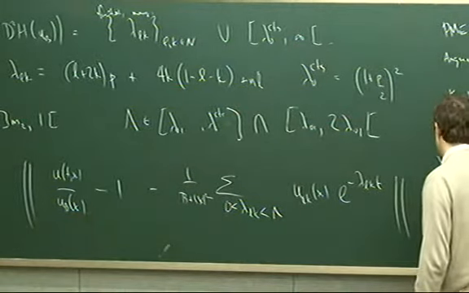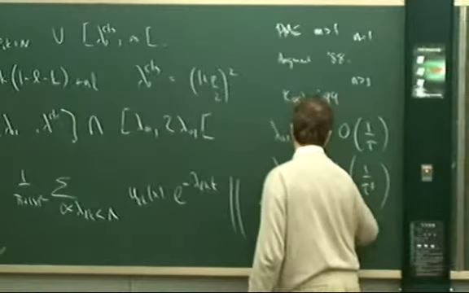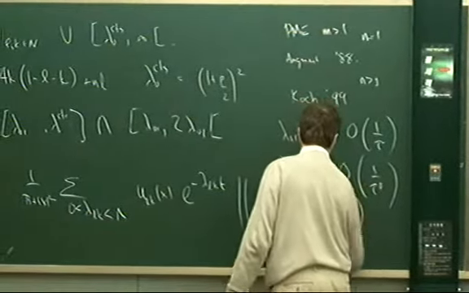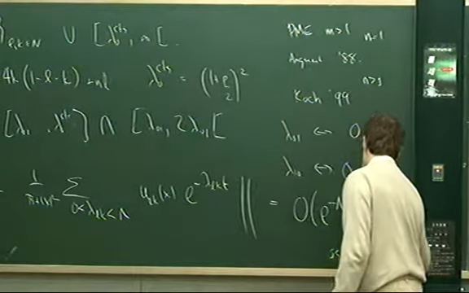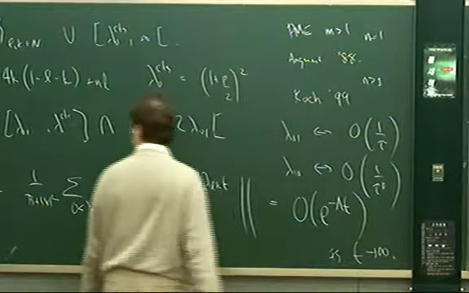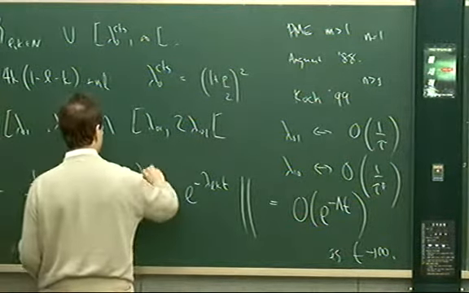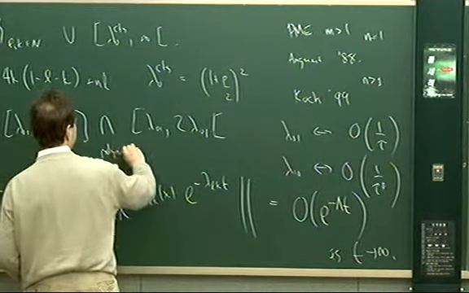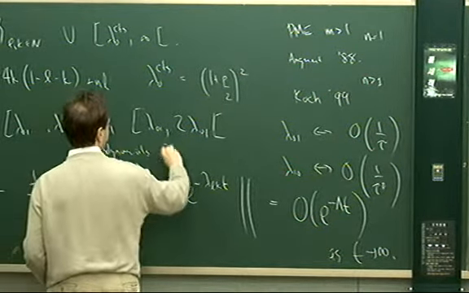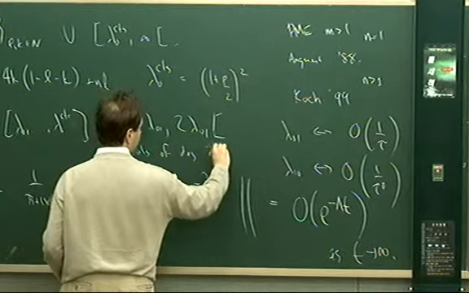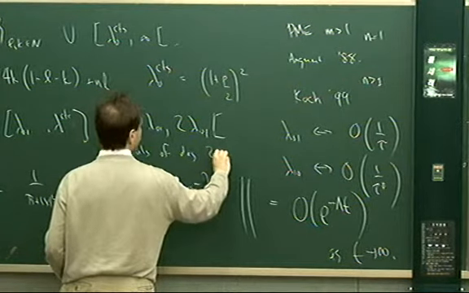And I expect it to be order e to the minus capital lambda t as t goes to infinity. And these guys are actually polynomials of degree L plus 2k, I think.